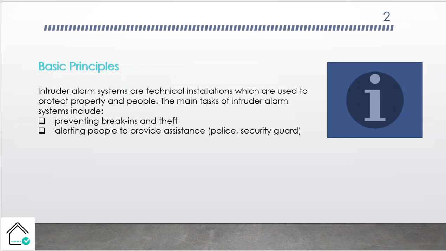So we want to prevent any penetration to the building and alert people to provide assistance. We want to call the police, security guard, and so on in case of any problem. Okay, so this is the basic principle of security systems in buildings.